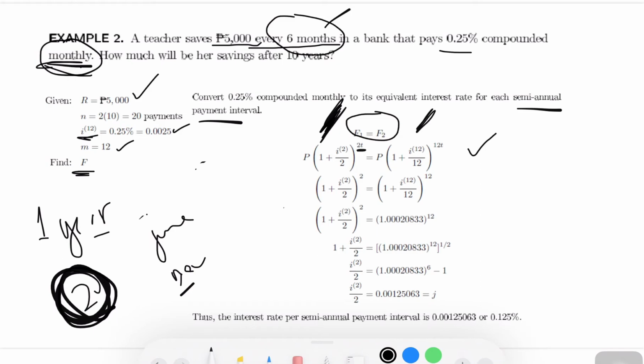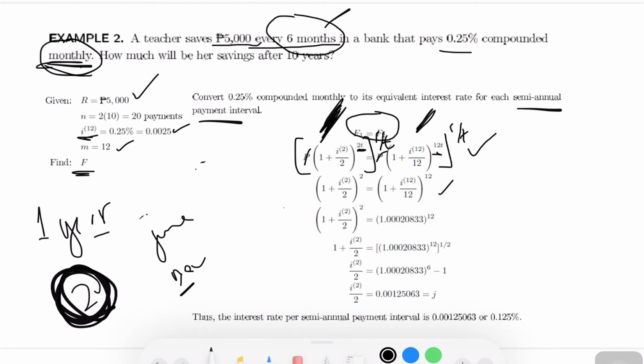That is why 2T, 12T. Okay, this is from the formula. Then again, raise both sides by 1 over T, this one also 1 over T, so T cancels, so we have this, and P cancels.